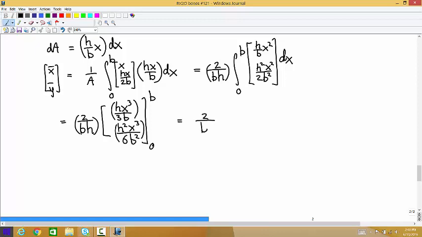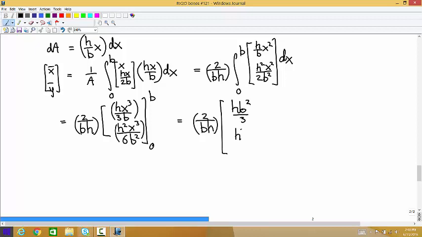So 2 over bh times the vector. If you plug b in for x, you get h b cubed, but it cancels with one of those b's. So h b squared over 3. And for the y component, plug in the b for x. So you get b cubed on top. It cancels with the b squared on the bottom.